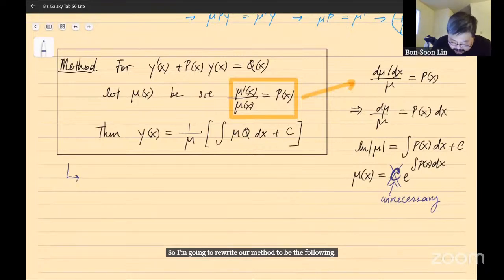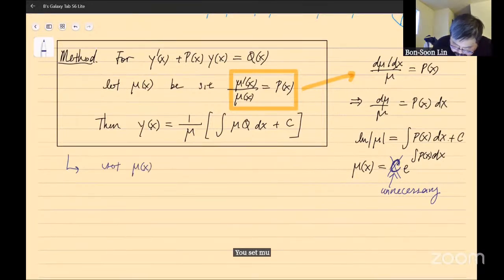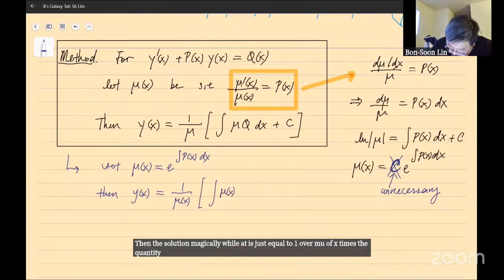So I'm going to rewrite our method to be the following. This is the one that you could just memorize if you like, but what I showed you is the derivation. You set mu of x simply equal to e to the integral of p of x dx. Then the solution, magically, y of x is just equal to 1 over mu of x times the quantity of the integral of mu of x, q of x, dx plus c.